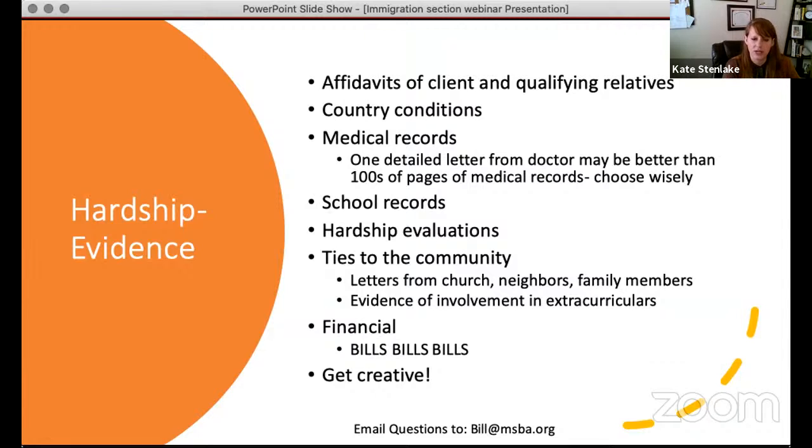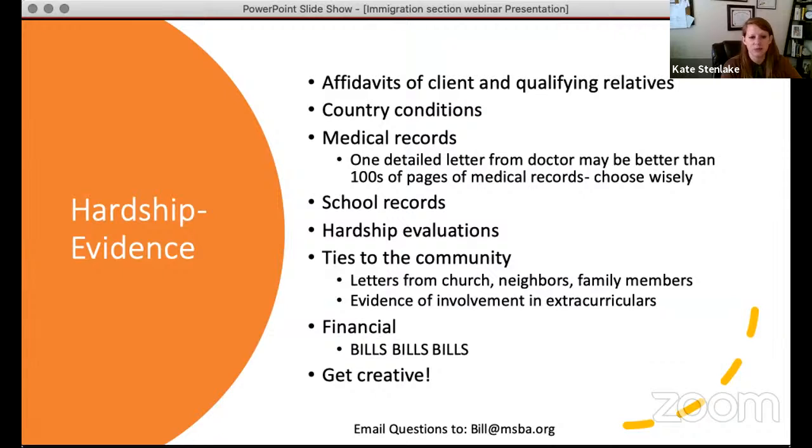Explain why mom would not be able to support the children if dad were not here working in the United States. That's an example of where mom might not be a qualifying relative because she also does not have status, but it would be hardship on the children because mom would not be able to financially provide for the children without the help of father. And with that, like I said, bills, because you want to corroborate that these are the expenses that the family has.